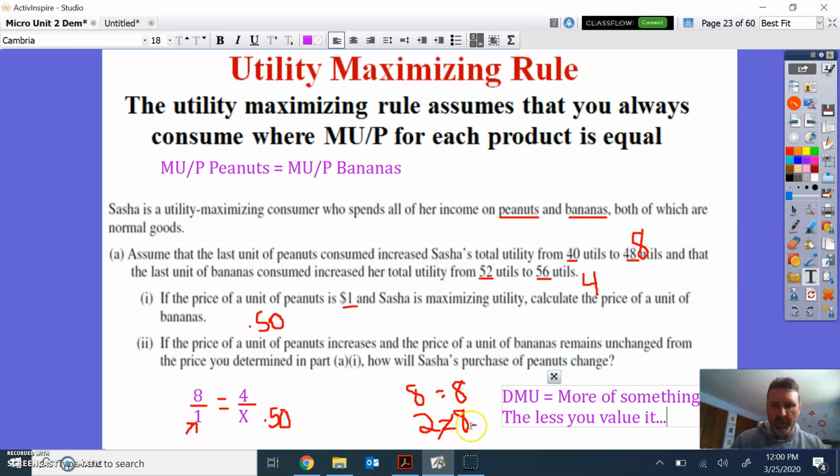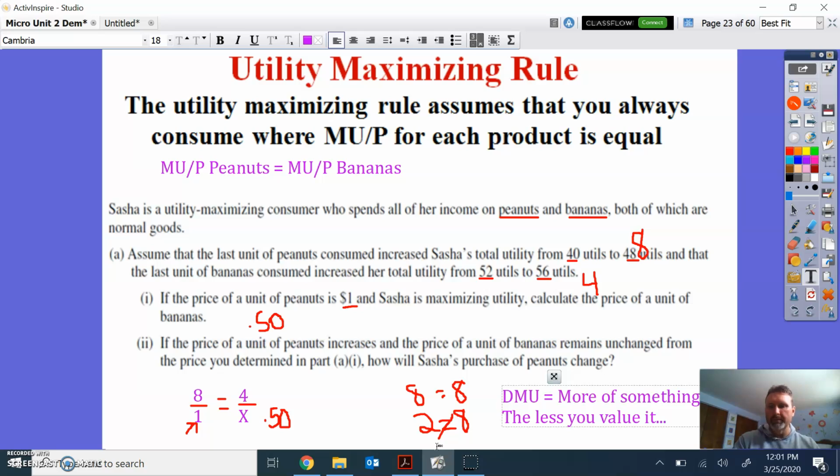So the solution is, if you get an inequality in terms of peanuts and bananas, whatever the case may be, take more of the higher number, because if you buy another banana, your benefit from that banana is going to go down. So this number will shrink, and you'll buy less of the smaller number. And if I buy fewer peanuts, that number will go up as well.